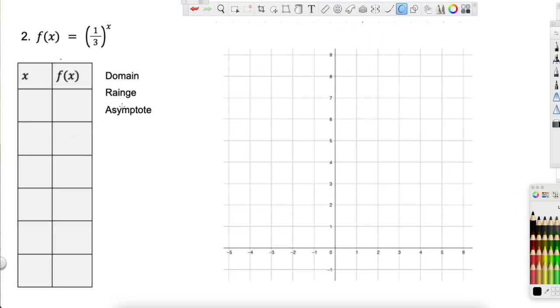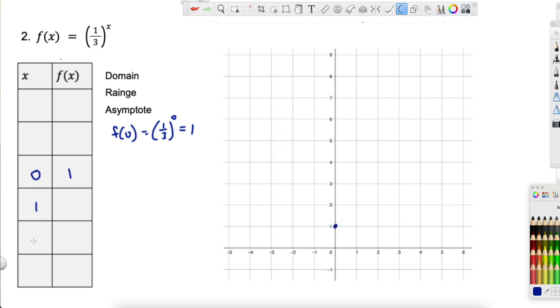So again, where is our anchor point going to be? It's going to be when x is 0. So f of 0 is 1/3 raised to the 0 power. Anything raised to the 0 power is 1. So 0, 1 is my anchor, and it's my y-intercept.